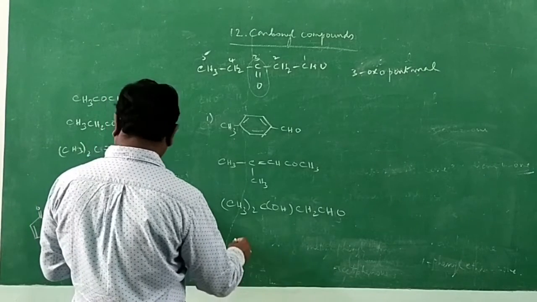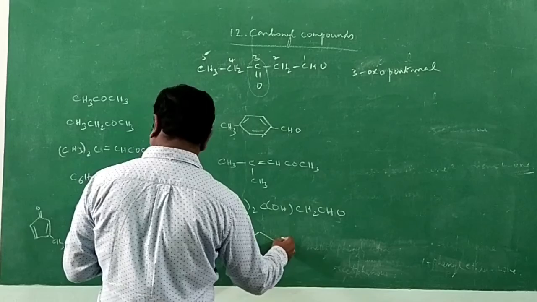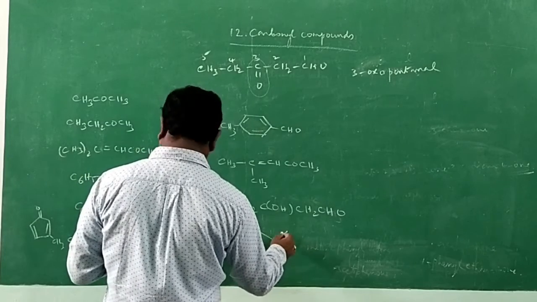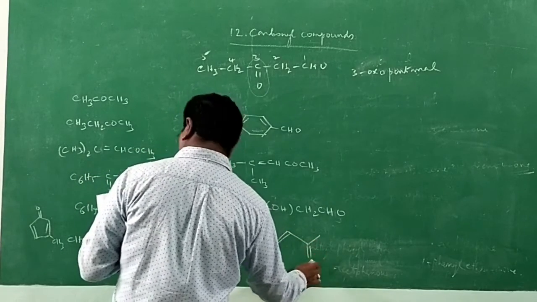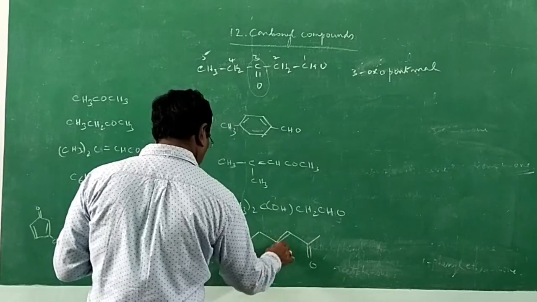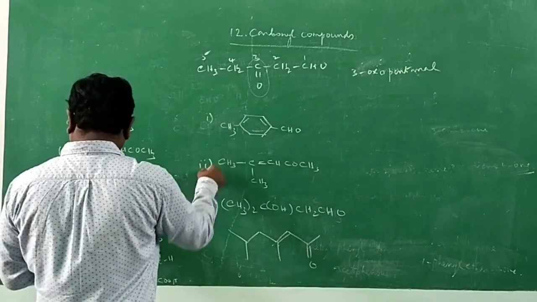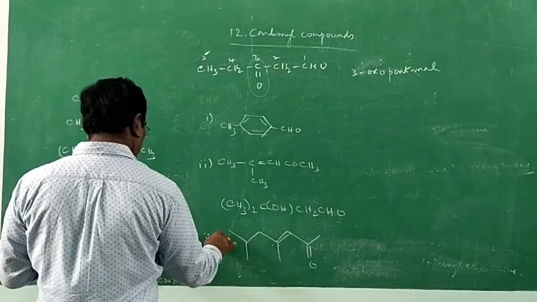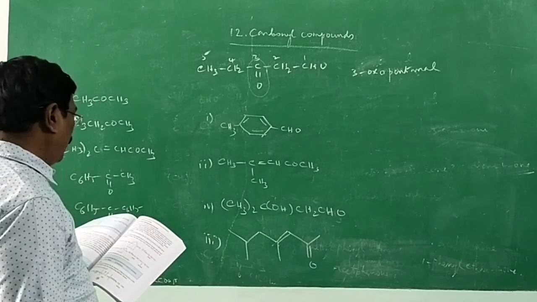Then one more compound, line structure is given. This is the first one, second one, third one, fourth one. For these compounds you are asked to write IUPAC names.